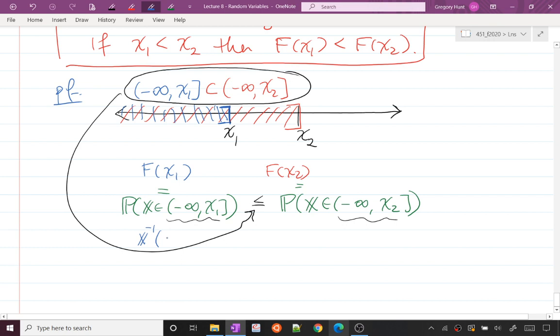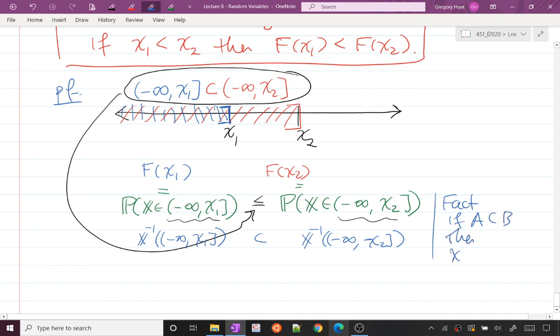Formally, this is the probability of the inverse image of this set, and this one would be the inverse image of the bigger set. And the sub-fact you have to show is that if A is a subset of B, then X inverse of A is a subset of X inverse of B. That's kind of a 214-level fact you can show.